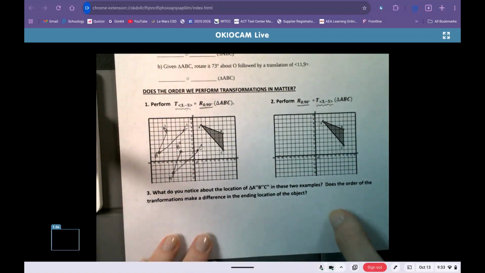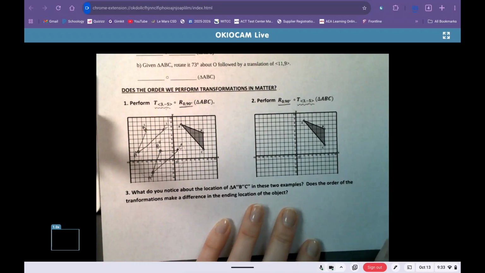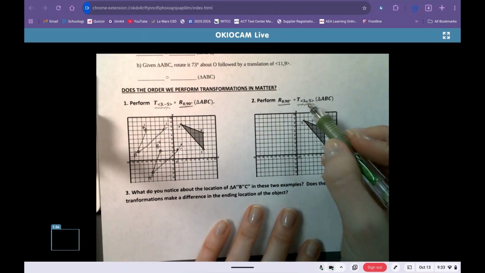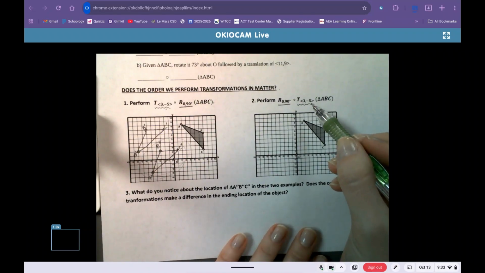Okay, now if we look at number 2, right next to it, which one are we going to do first? Translation. Good, the translation. Now, I didn't change my vector at all, so I'm going to go the same directions, right 3 and down 5.